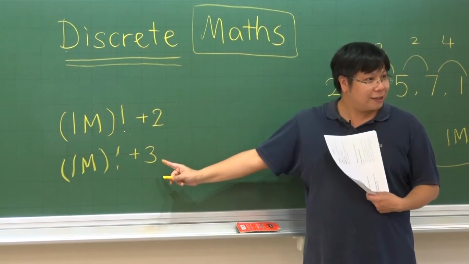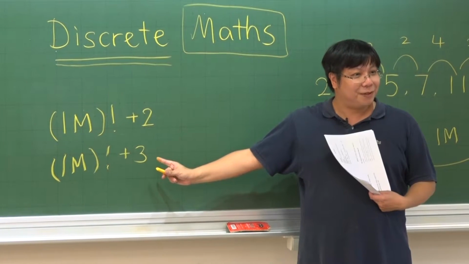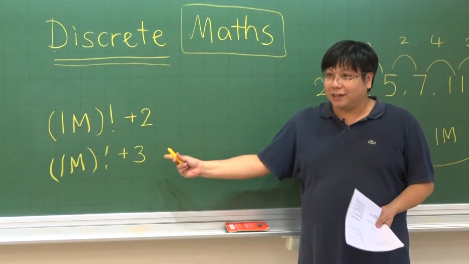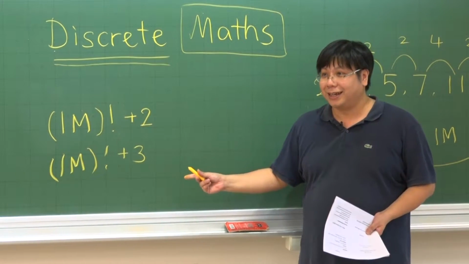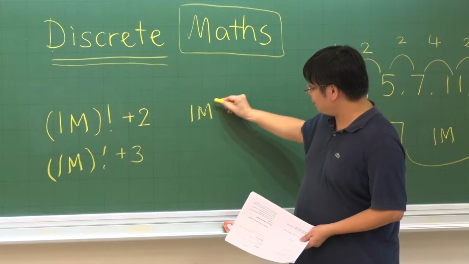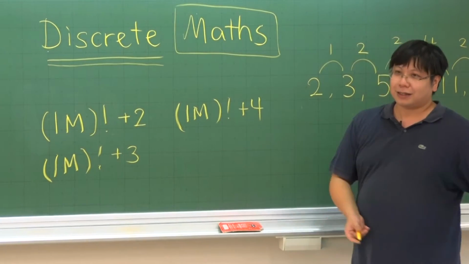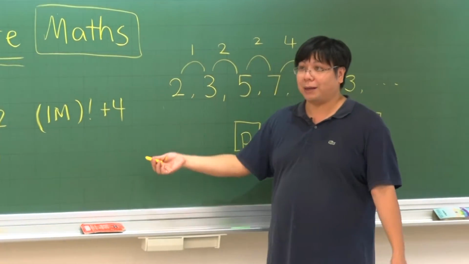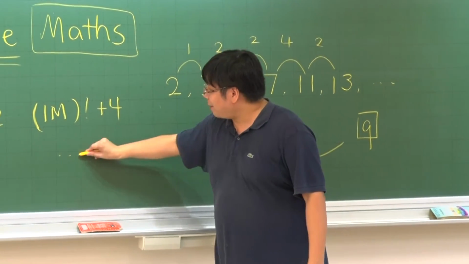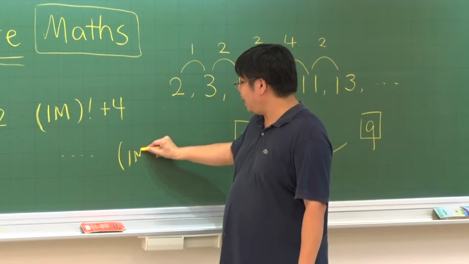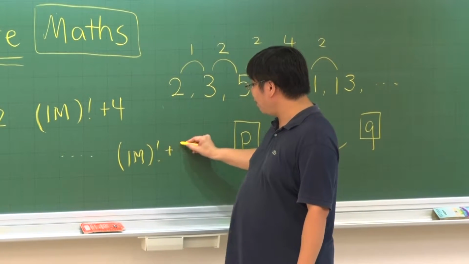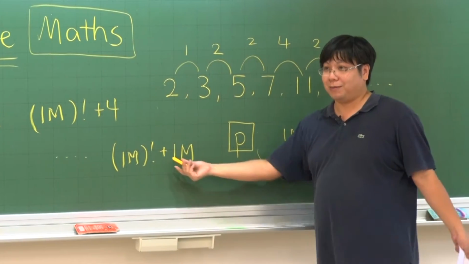This cannot be a prime because it can be divided by 3 properly. So you will see the trend. If I add 4 to it, it is still not a prime. So you have many, many numbers which are not prime, up to 1 million factorial plus 1 million. This is still not a prime.